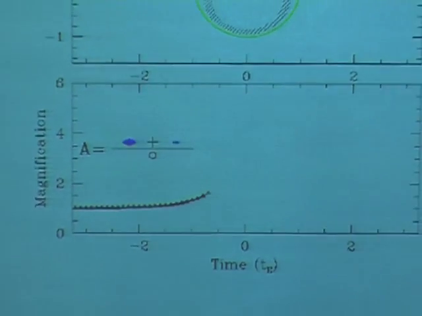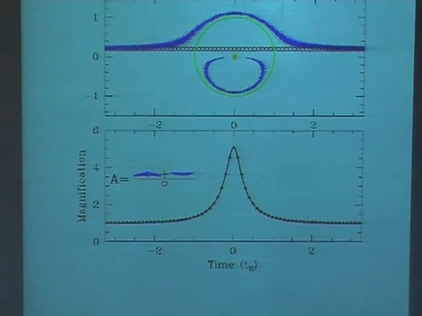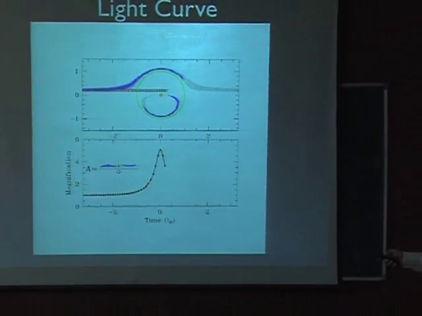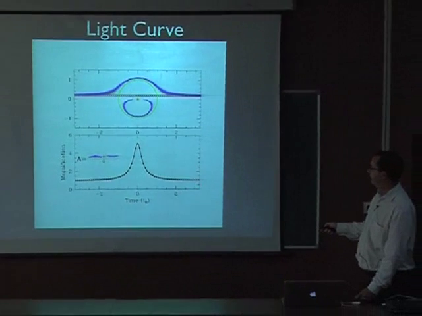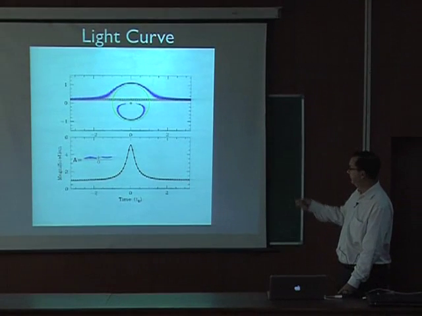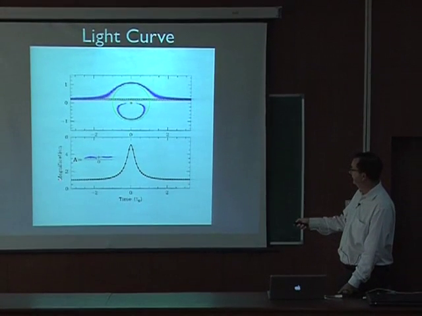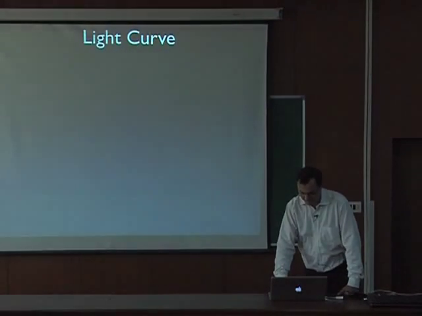So this can be calculated, and this is a little animation. Okay, so the bottom shows the apparent flux of these background stars as the object moves close to the line of sight. So, and this is again, let me show you the animation.